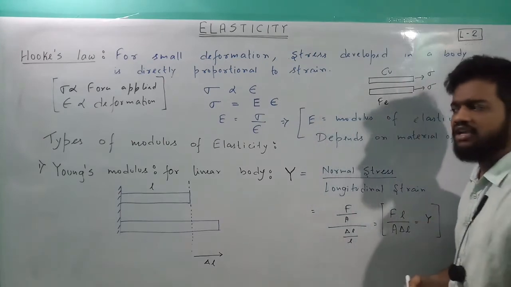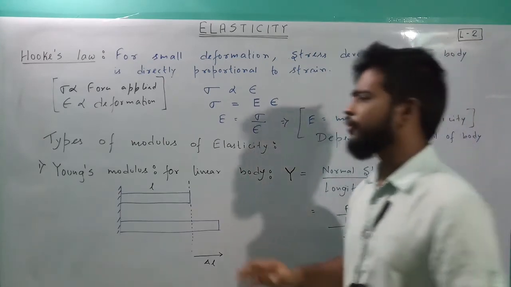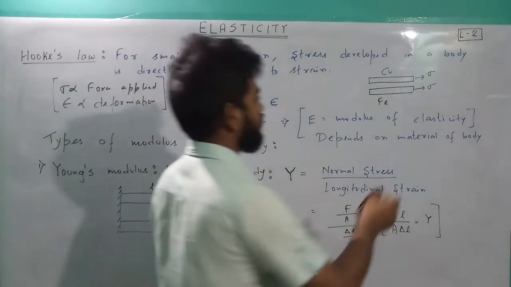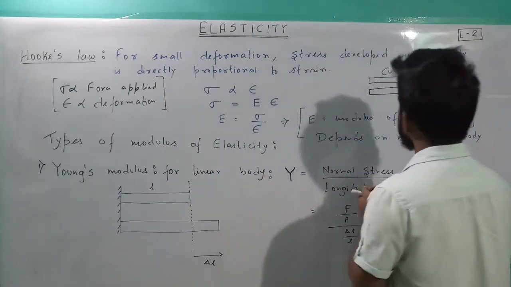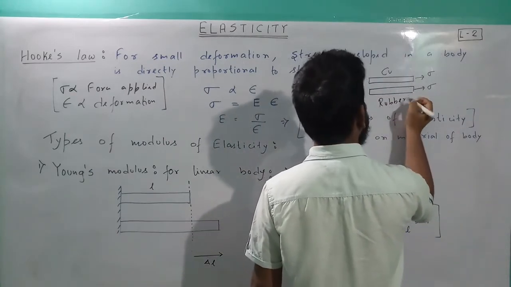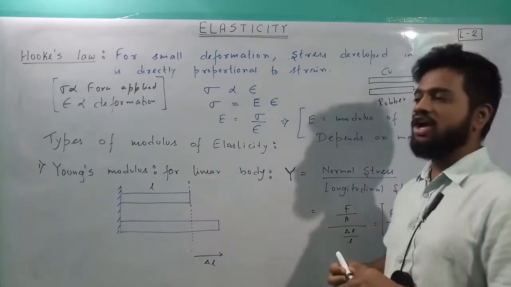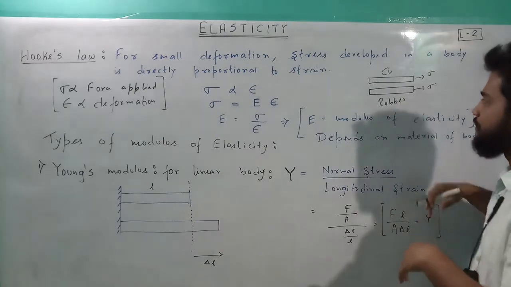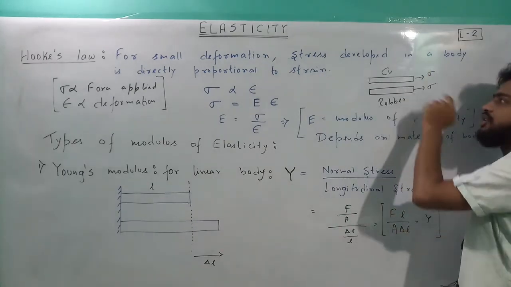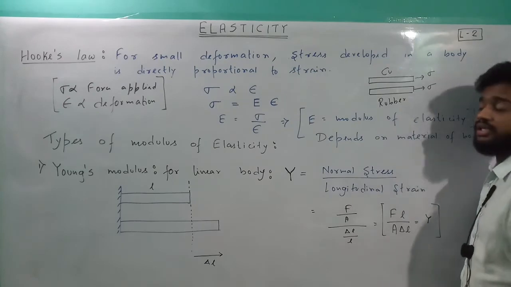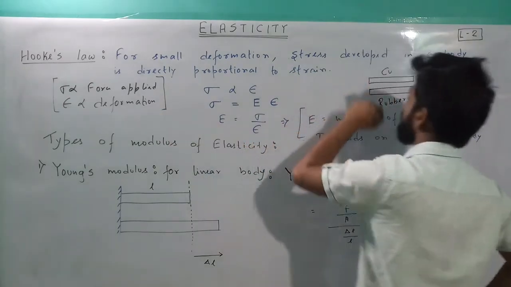Will the strain developed be the same? Okay, let's not take copper and iron. Let's take an easier example. Instead of iron, consider it to be rubber, having the same dimensions as the copper, the area of cross section, the length, everything. Now we are applying the same external force here. Think about whether the strain or the deformation developed in both bodies is the same or different.